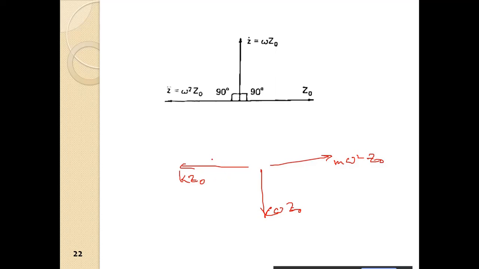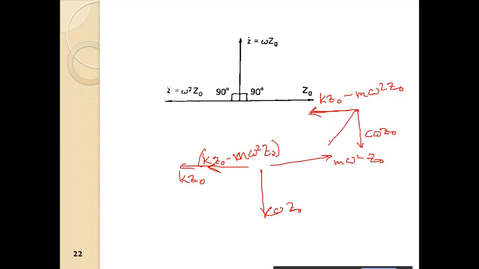So the force of the system will be K Z0 minus M omega square Z0. This minus this will be one component. The other component will be C omega Z0.